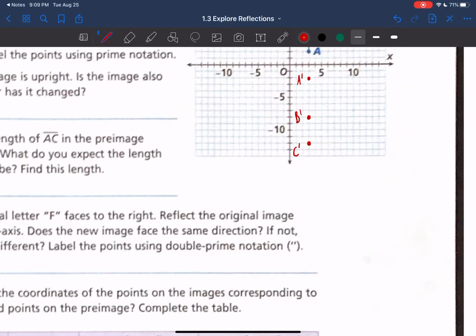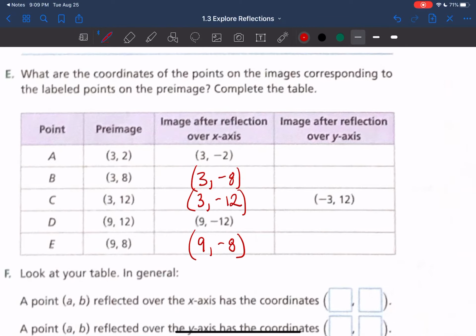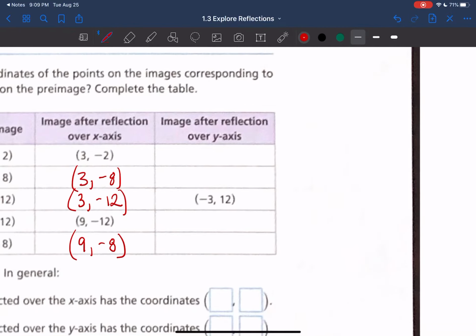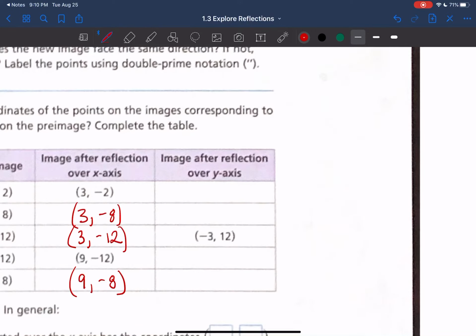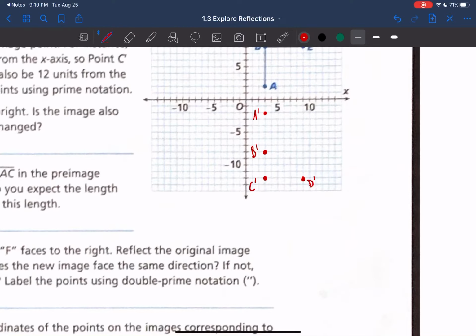Let's find D prime, which is at (9, -12). So let's do that. (9, -12) will be down here. And that is D prime. And then last, E prime is at (9, -8). (9, -8), E prime.